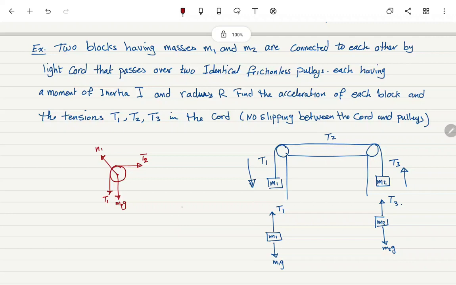Same situation for the other pulley, this one here. In this case we have T2, T3, and the pulley weight and the normal force.